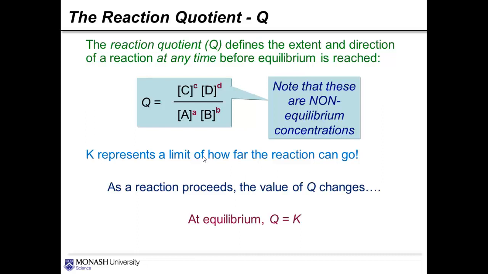In fact, more to the point, Q is used to determine whether or not we are at equilibrium, and whether or not Q is greater than or less than K can actually tell us whether or not the reaction is going to move from left to right or from right to left. As the reaction proceeds, the value of Q changes, and eventually we tend towards equilibrium. And at that point, Q is equal to K.